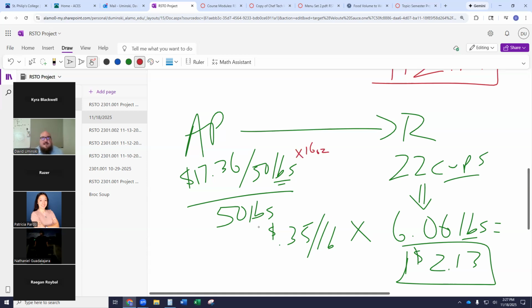You don't have to divide by 16 again. So if you set up the problem with the AP and the recipe as your focal point, that helps you determine what you're going to end up dividing by right here. Does that make sense? It does. Thank you, sir. You're welcome. You did really good on that one.